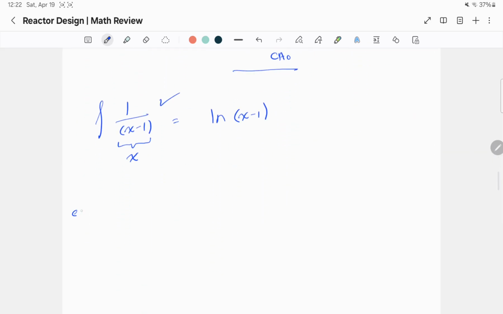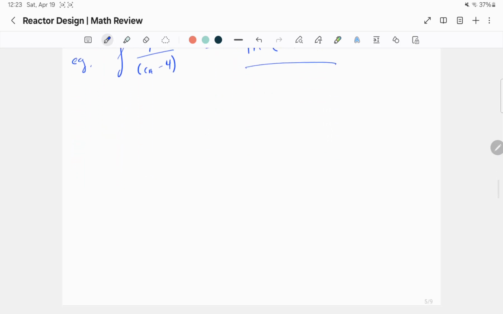We'll look at a reactor design example, integral of 1 over CA minus 4, which will equal ln CA minus 4.